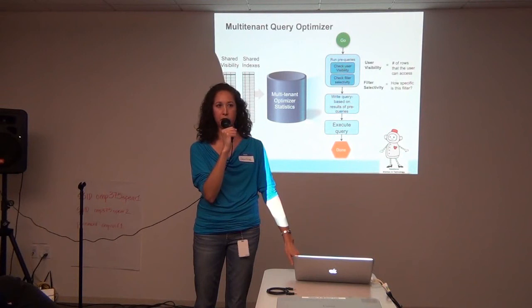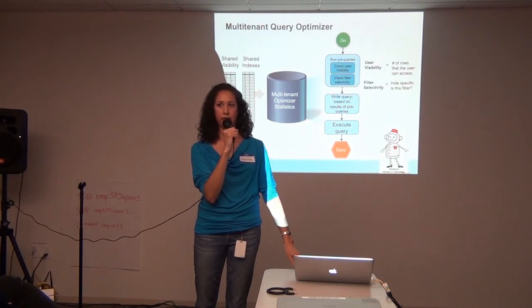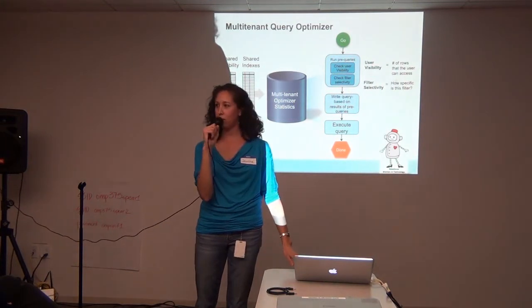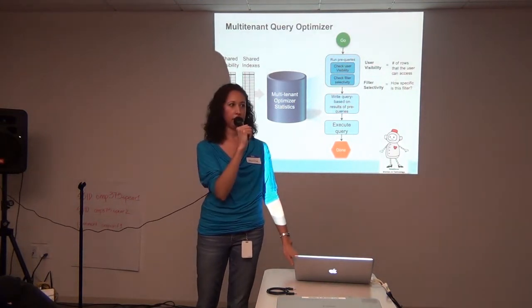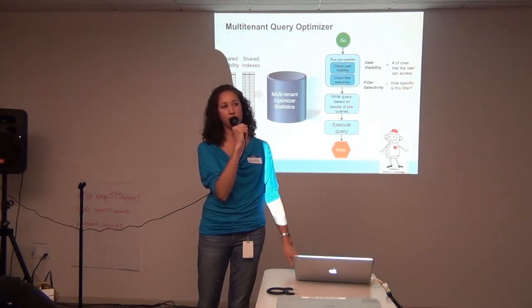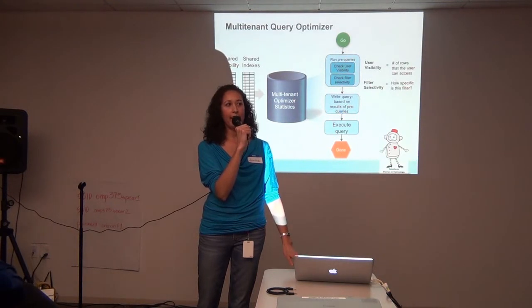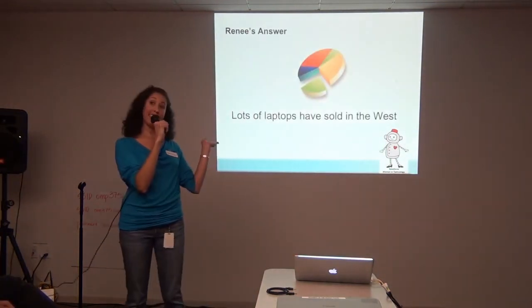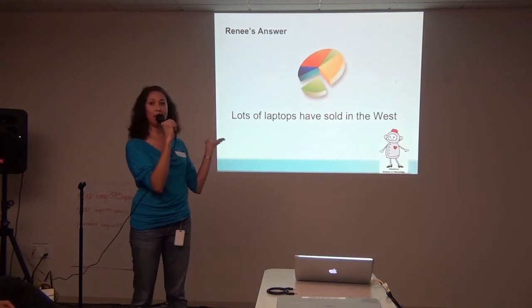Does anyone know what the answer is? 42. We have a 42 up in front. Anyone else? Isn't it relative to what's happening on the East Coast? Actually not for this question. It's not a relative question, but it's interesting thinking. And in reality, everybody's right because I have no idea. So I just say lots of laptops are selling on the West Coast.